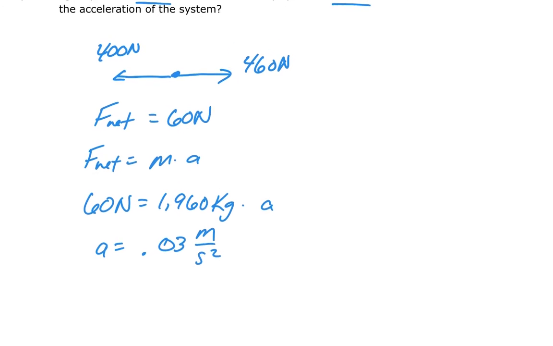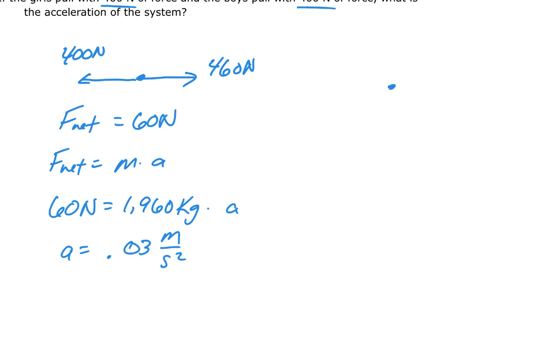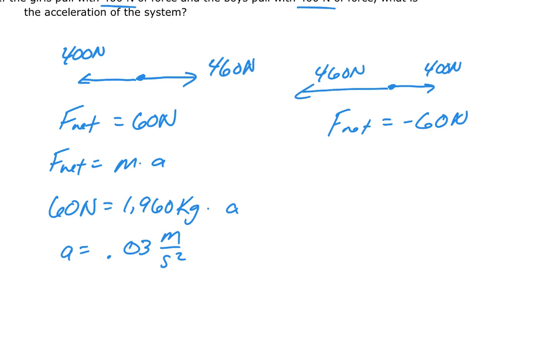Now, what if you drew this differently? What if instead of drawing a free body diagram the way I did, what if you said, oh, well, the boys are pulling to the right with 400 newtons, and the girls are pulling to the left with 460 newtons? What would you have gotten then? Well, then your net force would actually be negative 60 newtons because we have more force to the left, which we have chosen as our negative direction.